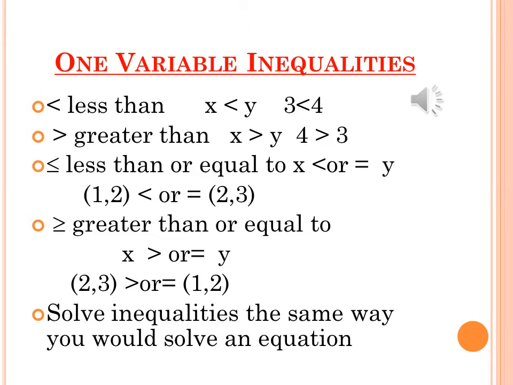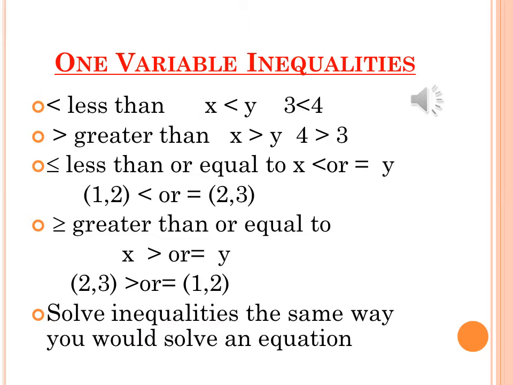First, the inequality less than. If x less than y, this is the symbol, meaning all values of x are less than all values of y, like 5 less than 6, 2 less than 5.